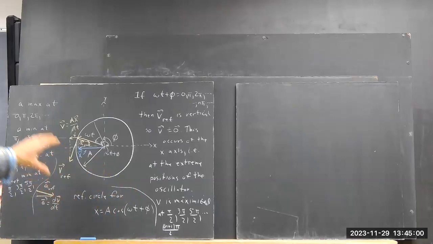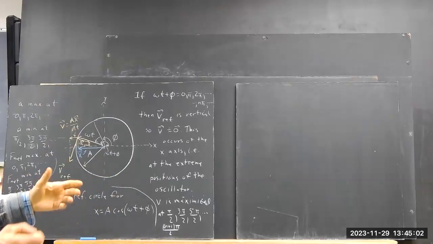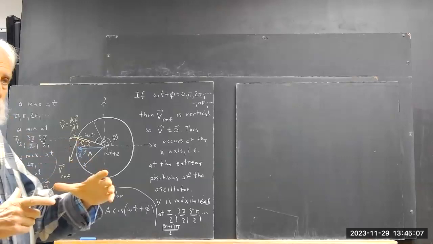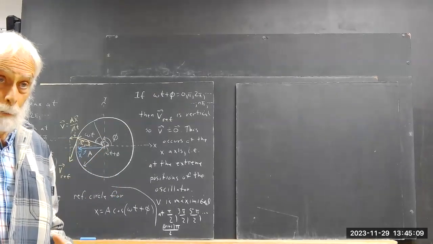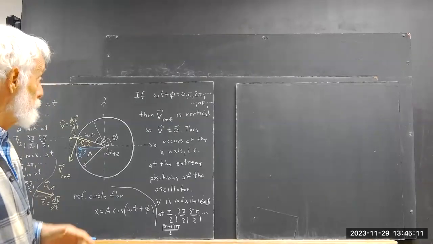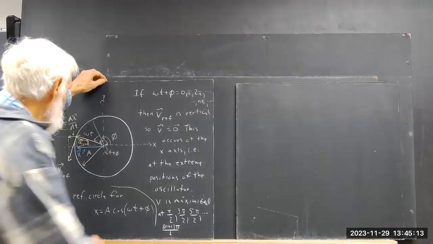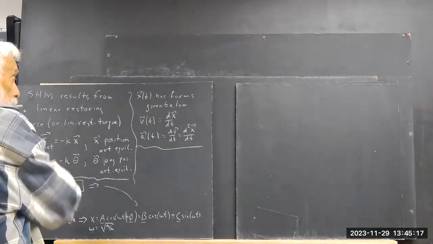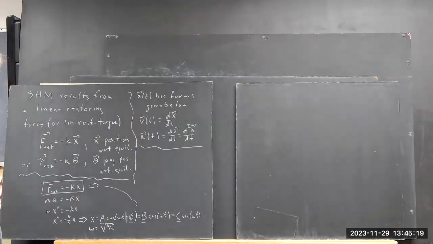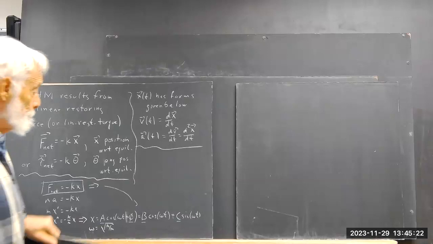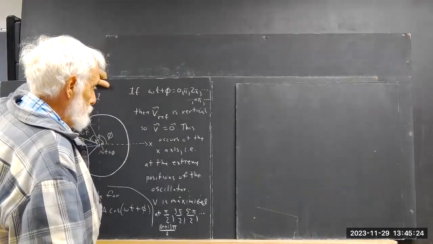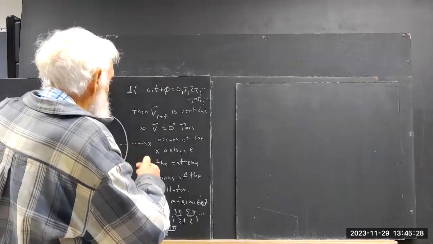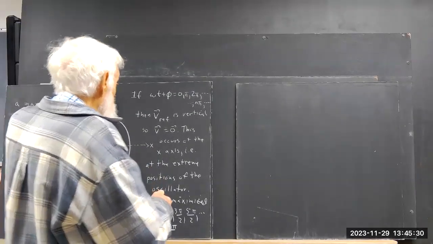If you see everything I've said in this picture, if you can reconstruct it, you have a visual connection to all the equations. Okay, well, let me shift gears and talk a little bit about energy.